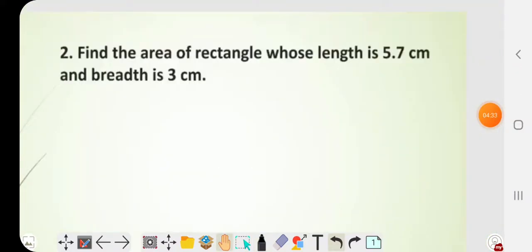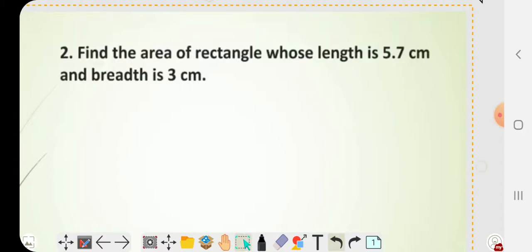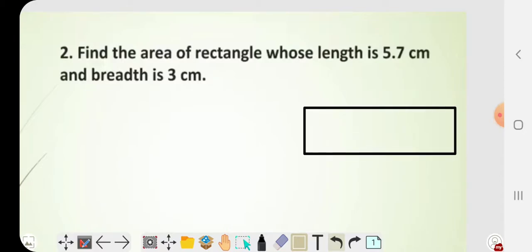Second question is, find the area of a rectangle whose length is 5.7 centimeter and breadth is 3 centimeter. Let's make a rectangle at first. So what is the length?